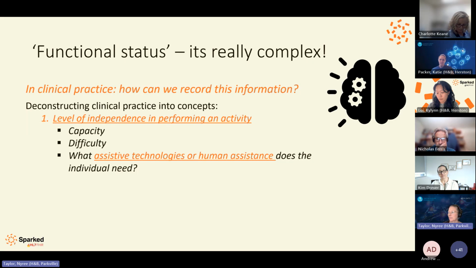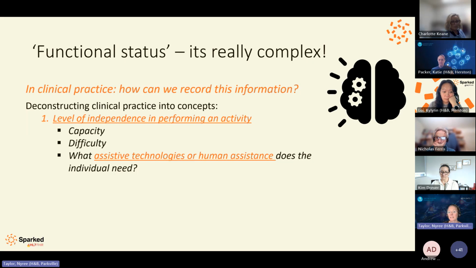And by human assistance, we can identify that we might need to identify the number of humans that are needed to support that activity to be able to walk, for example. And we also might need to qualify exactly what that type of assistance is that the individual might need.